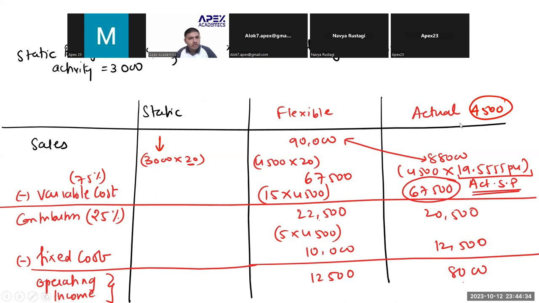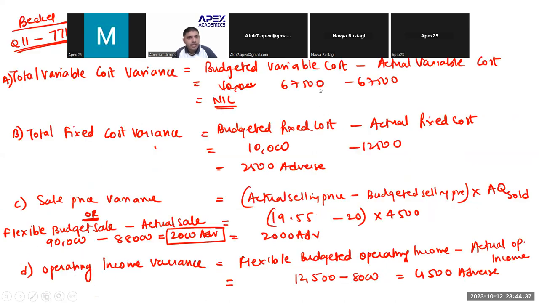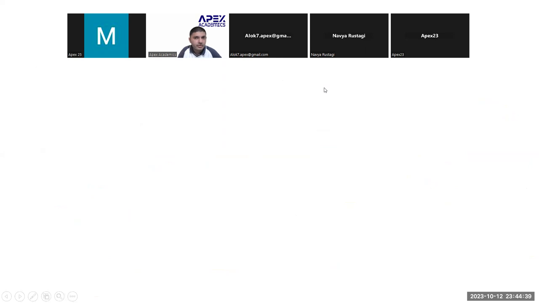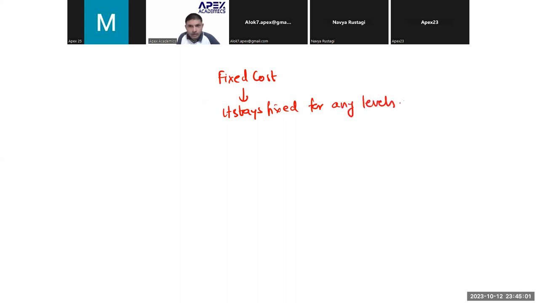This is a conceptual question. What are you asking? Flexible. What is a fixed cost? It stays fixed for any levels of activity within a range.